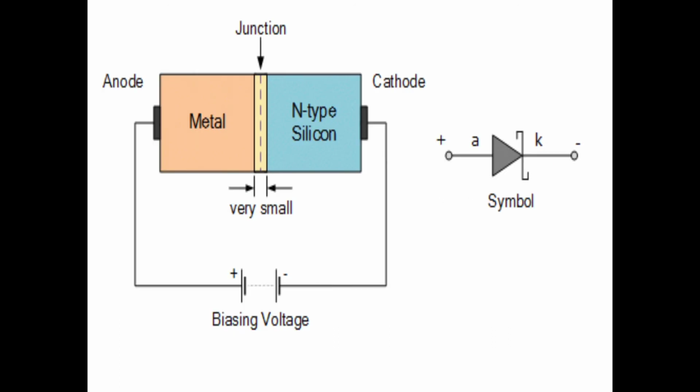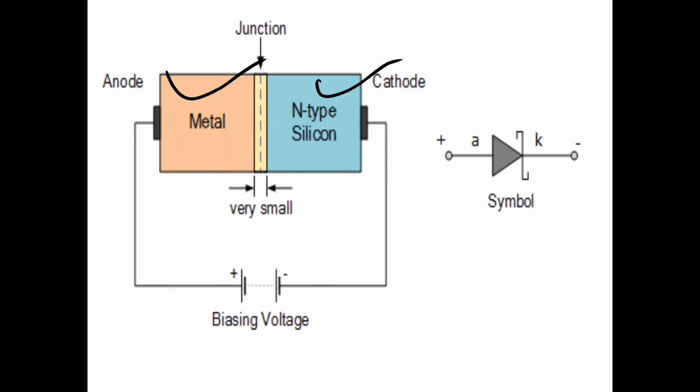So now we will see the figure for the construction of the Schottky diode. This is the basic diagram for the construction of the Schottky diode. Metal and n-type semiconductor are used, and the n-type semiconductor is silicon.